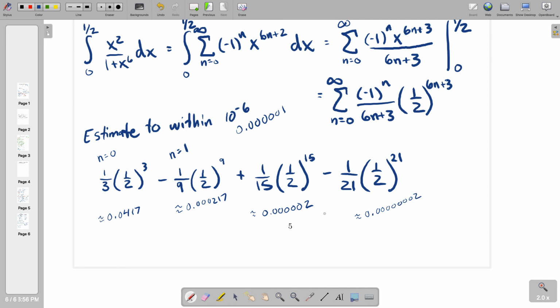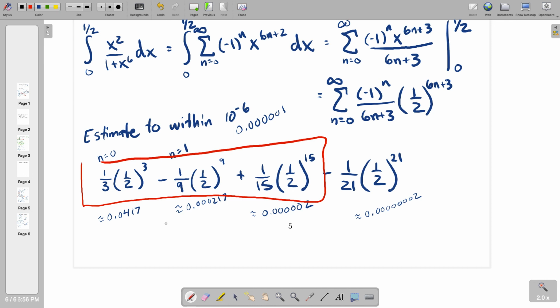So that means we don't use this one, right? We use all the ones that came before it. And so just taking these first 3 terms only, what we should get here as an answer is about 0.0414517, we'll call it.